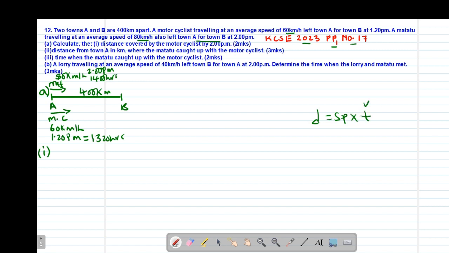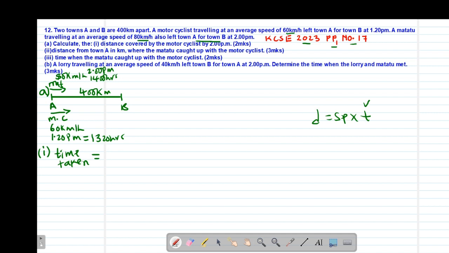So we are going to find the time that it took the motorcyclist from 1:20 p.m. up to 2 p.m. So the time taken to reach 2:00 p.m., you'll simply take the arrival time, then you subtract the departure time.